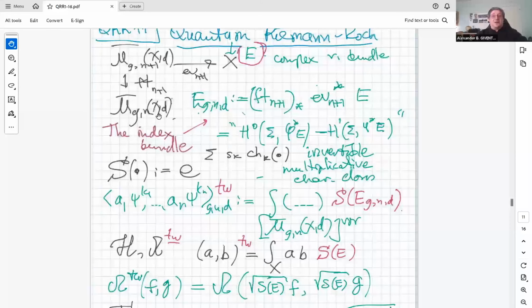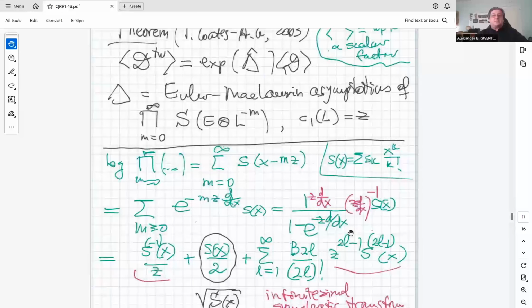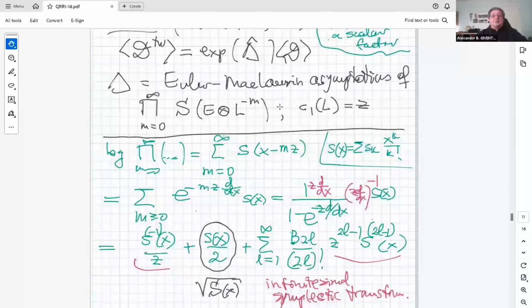If you analyze it, it becomes a second order differential operator, and that operator turns out to be exactly the quantization of this expression. It's also suggestive that this expression is an asymptotic expression of this infinite product, which, in a minute, will remind us of something already familiar.